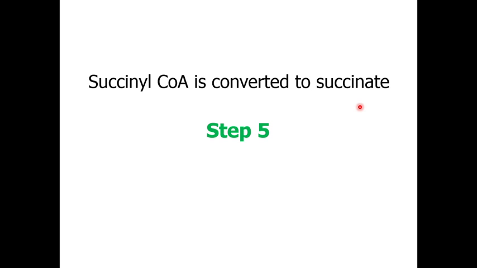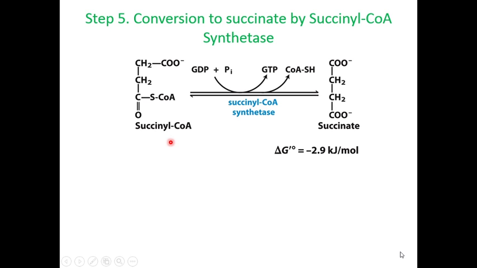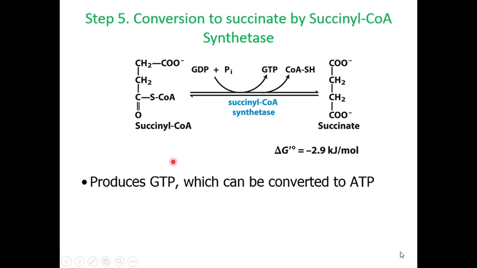Also, this reaction goes through a phosphoenzyme intermediate. Furthermore, this reaction produces GTP, or guanosine triphosphate, which can be converted to adenosine triphosphate, or ATP.